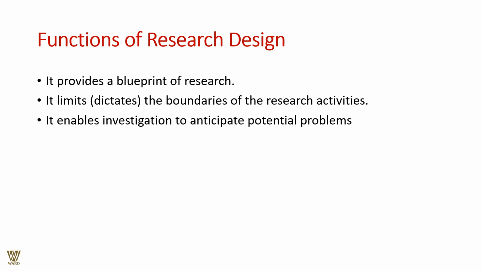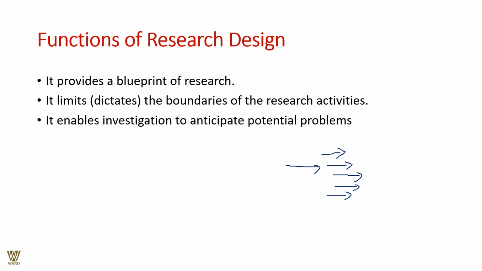Function of research design, what do we look into? It provides a blueprint of research. When I say blueprint, it gives me other addendum for further research. Now this further research can be completely different by changing one parameter, by changing one environment, and so on. That is what we are looking for. This is what should be the actual aim for research per se.